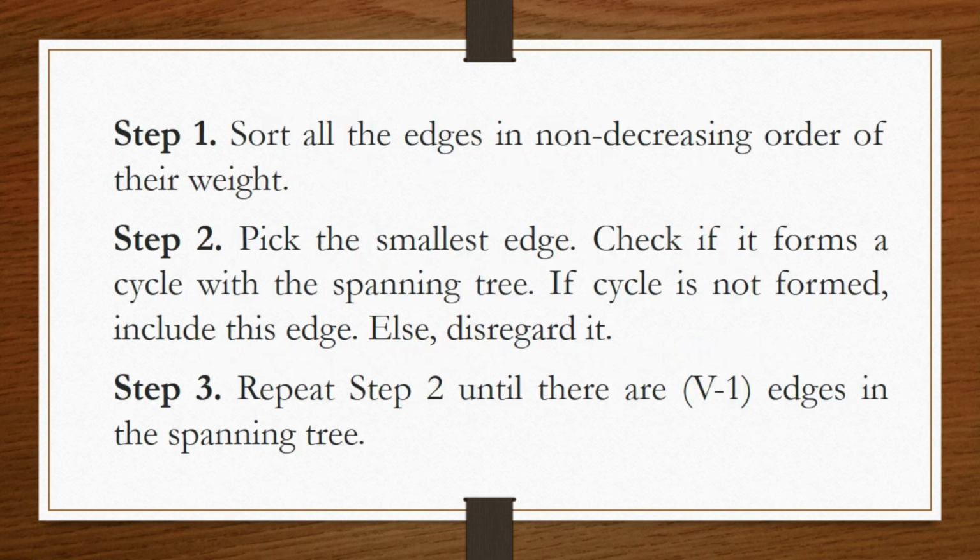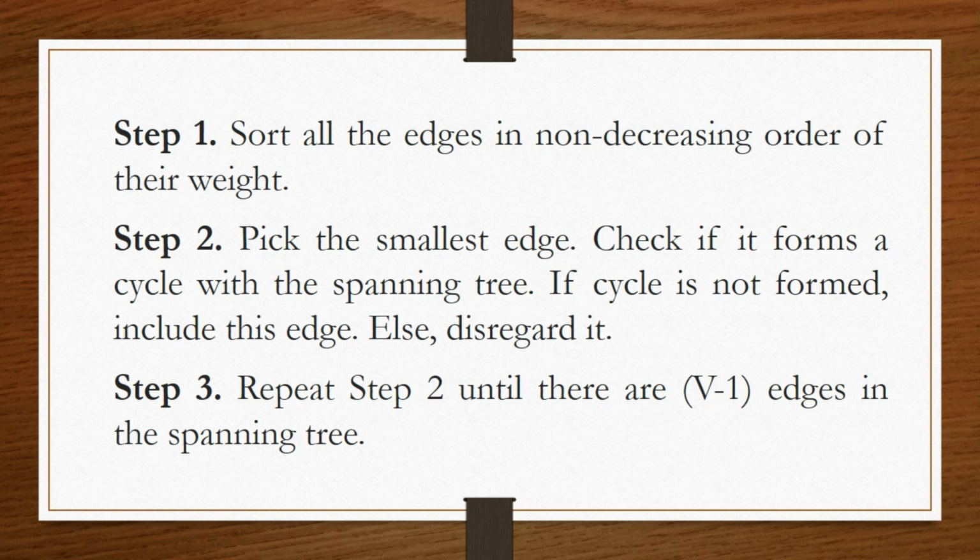Now we have here the 3 steps of Kruskal's algorithm in dealing with minimum spanning tree. In step 1, we're going to sort all edges in non-decreasing order of their weight. So, ibig sabihin, non-decreasing means no element is less than the element before it.